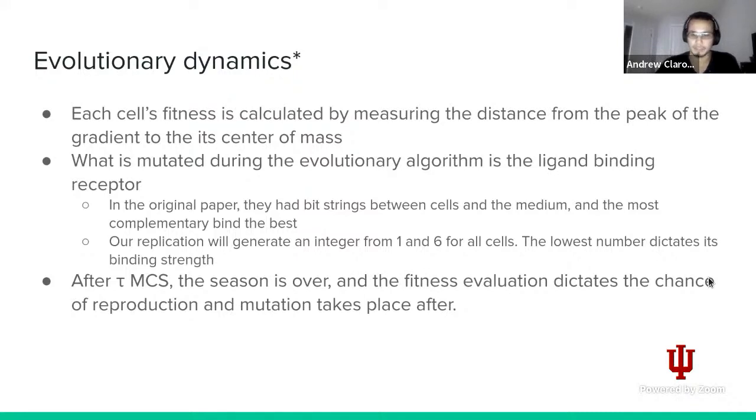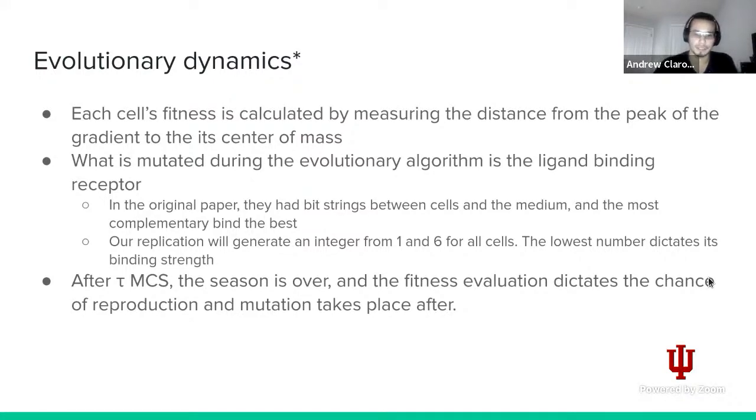What is being mutated is the binding term between individual cells, but instead of a bit string, it's going to be an integer from 1 to 6, and the lowest number of the two cells indicates the binding strength.